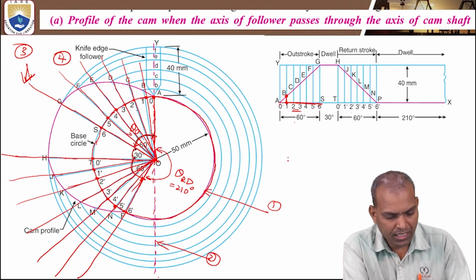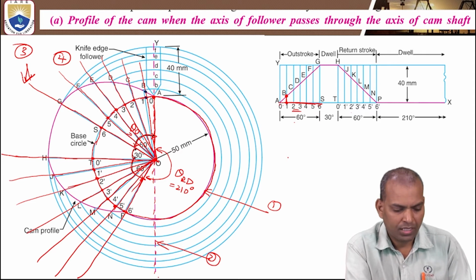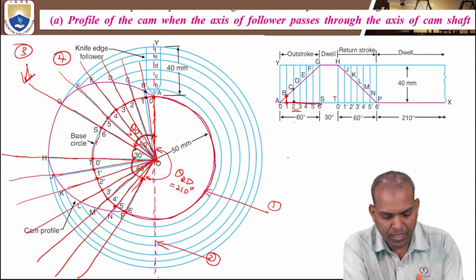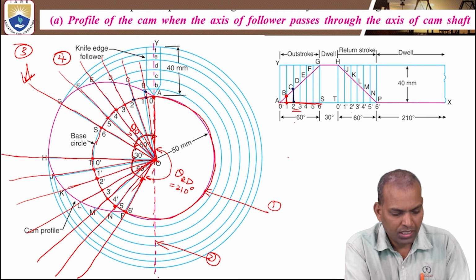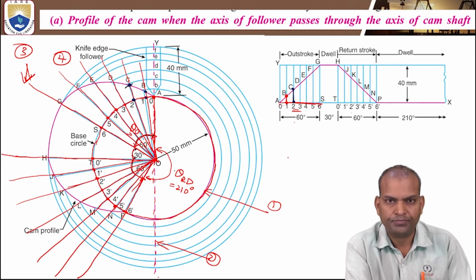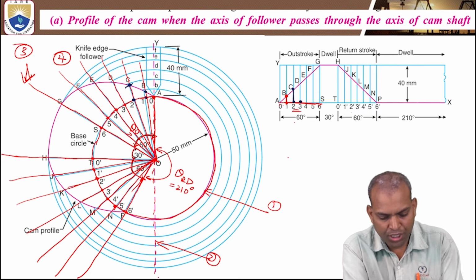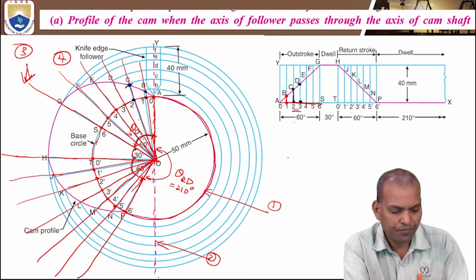This 1B is there. Mark the 1 to B point. Next, 2 to C. 1B, 2C. Coming back to the base circle, 2, and mark the point here. That is C.